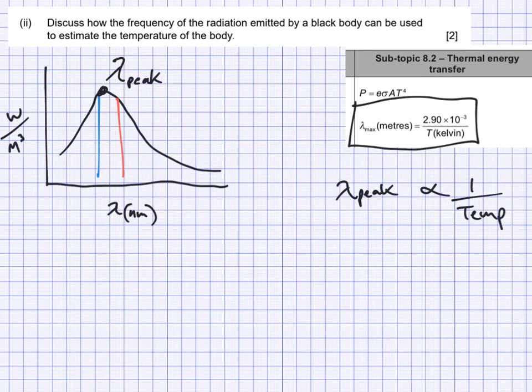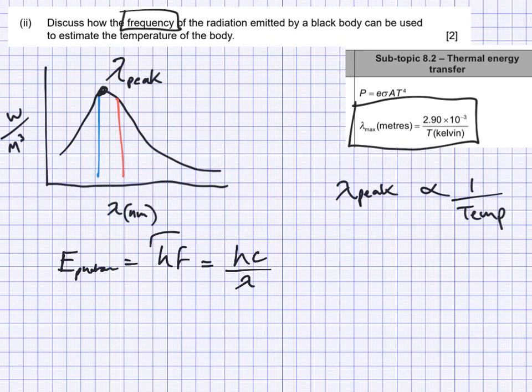Okay, so remember that frequency and wavelength are linked by considering the photons. We would know that the energy of a photon is equal to hf, and that's also the same as saying hc upon lambda.